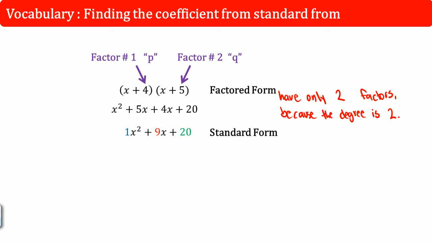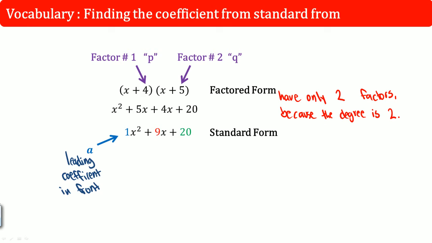The degree will tell you the amount of factors it has. In standard form, we can label and get our 3 letters. A is the leading coefficient because it is the number in front.